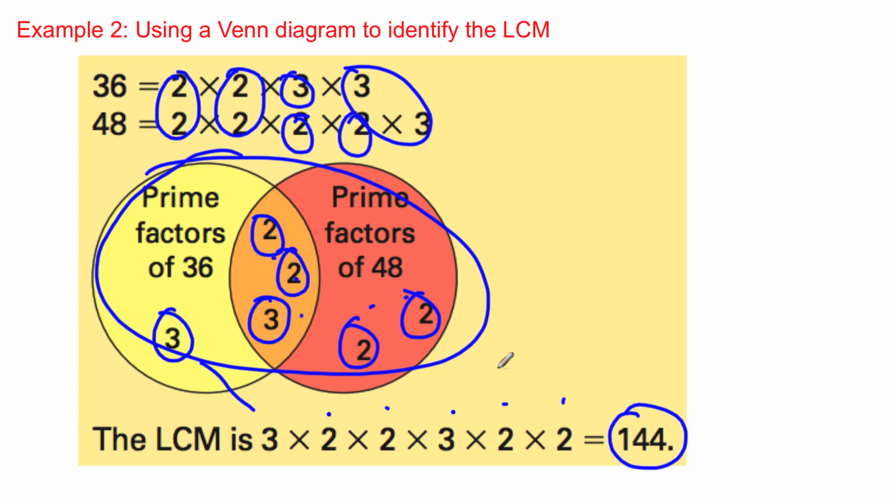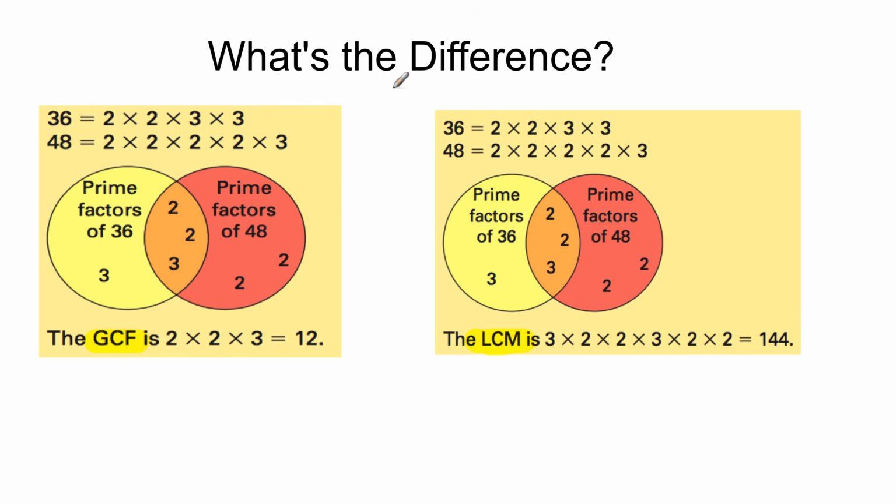Now let's consolidate everything here. What are we talking about? So what's the difference? As I said earlier, for the greatest common factor, you are using just the numbers that are shared between the two: 2 times 2 times 3 here.